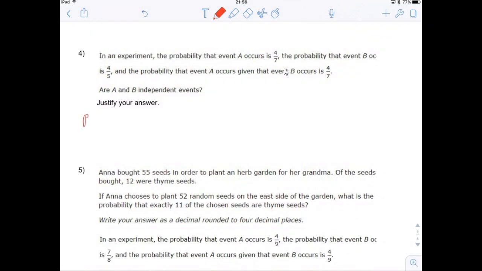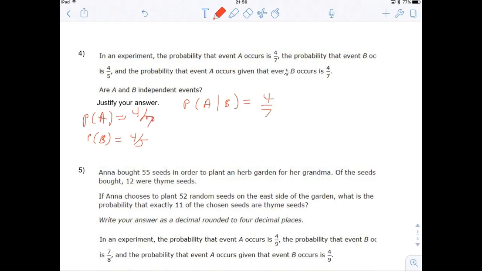So the probability of A is equal to 4/7. The probability of B is equal to 4/5. The probability that A occurs, given that B occurs, is 4/7.